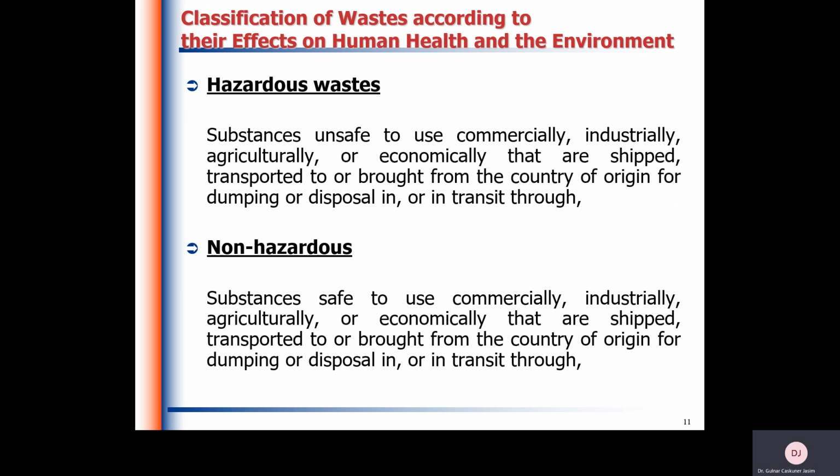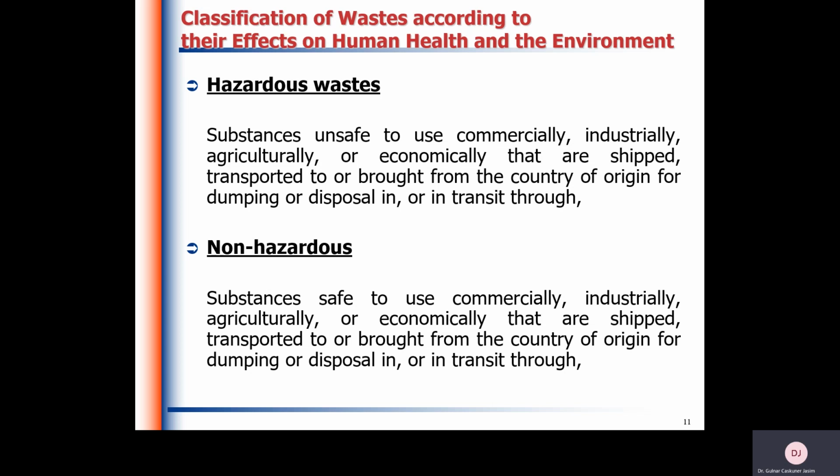There is another classification, based on the effect of this waste on human health and environment. Based on this, there are two classifications: hazardous waste and non-hazardous waste. Substances unsafe to use commercially, industrially, agriculturally, or economically that are shipped, transported to, or brought from the country of origin for dumping or disposal in, or transit route are classified as hazardous waste.